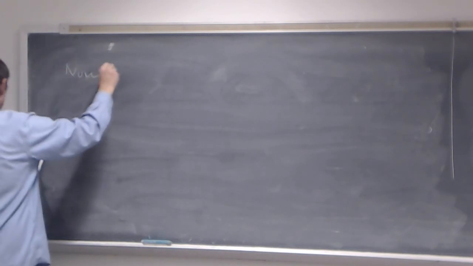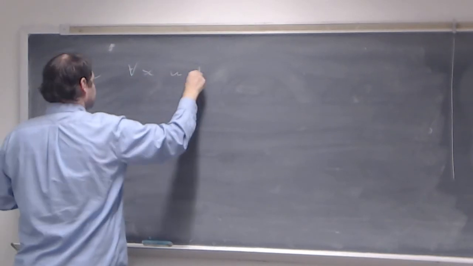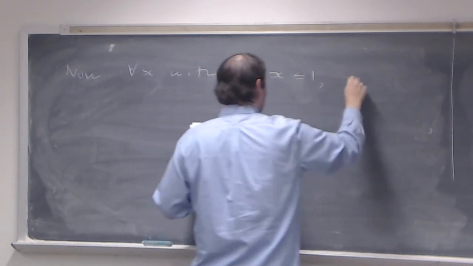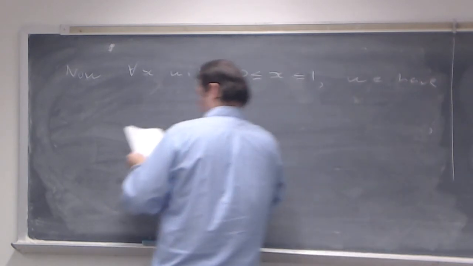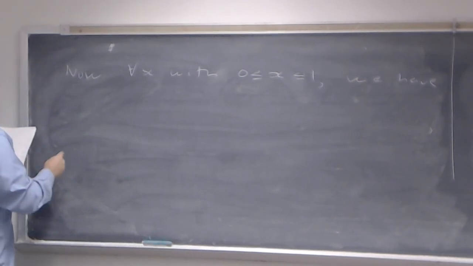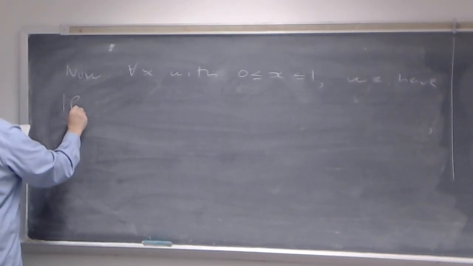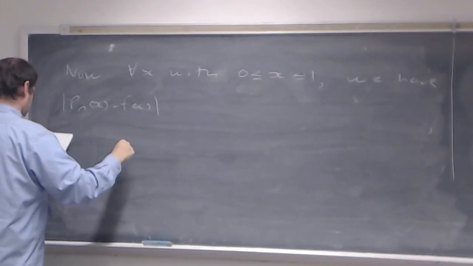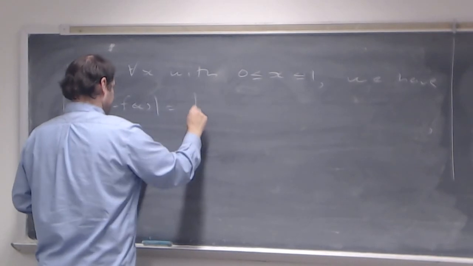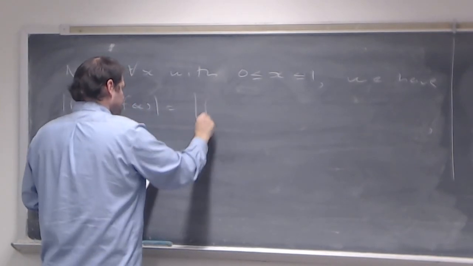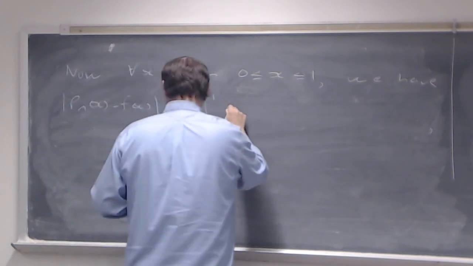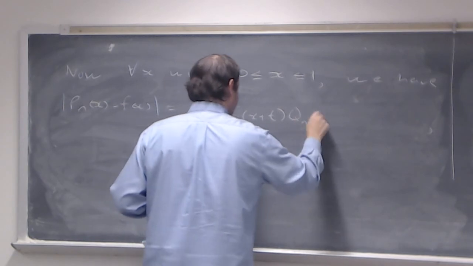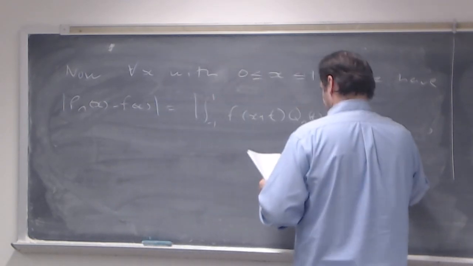Now, for every x with 0 less than or equal to x less than or equal to 1, we have the value p sub n of x minus f of x. By definition, p sub n of x is the integral from minus 1 to 1 of f of x plus t q sub n of t dt, minus f of x.